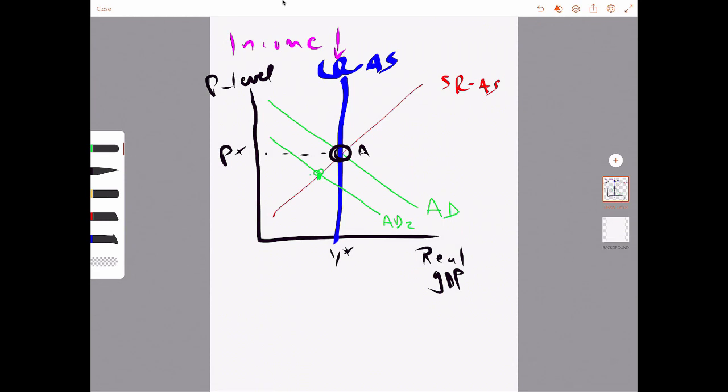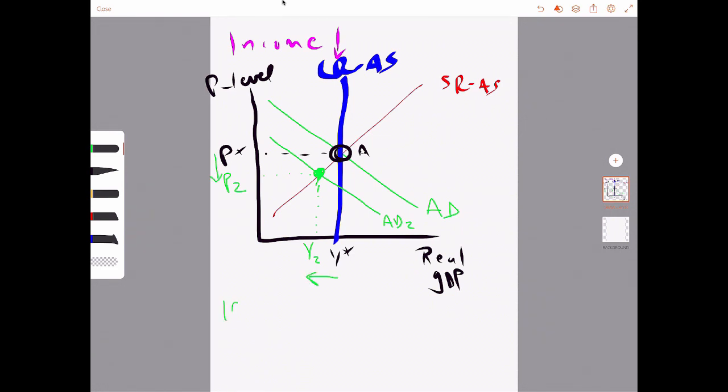And notice what that is. That gives us a new price and a new output. But notice where those prices and outputs are relative to where we started. Here we see that prices are going down, but output is going down.